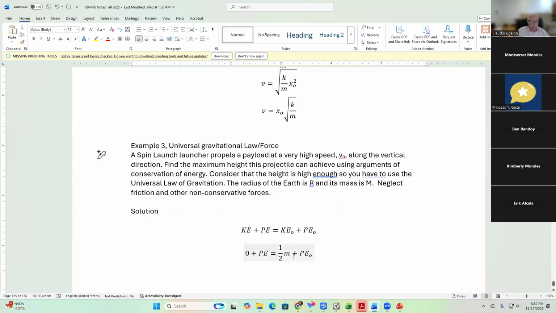We do not need mv squared. And the initial potential energy in this case is going to be mass of the projectile, mass of the Earth, gravitational constant G over R, and let's not forget the negative sign. I prefer to put this big G here on the outside.